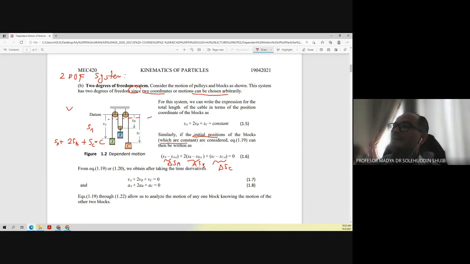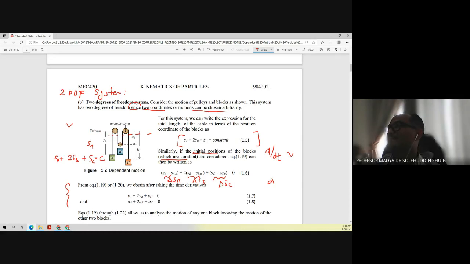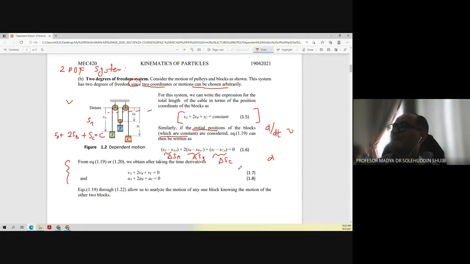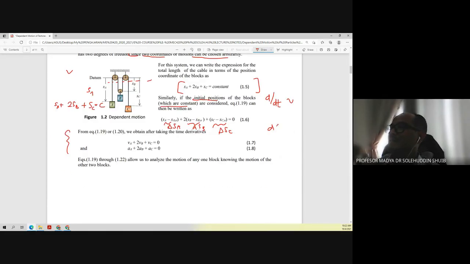And then same thing follows. We differentiate this equation 1.5 with respect to time to get velocity, and then you do another differentiation, you get acceleration, which is what you have here, equation 1.7 and 1.8.